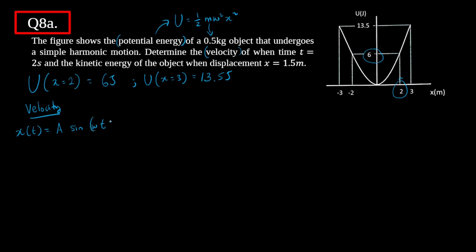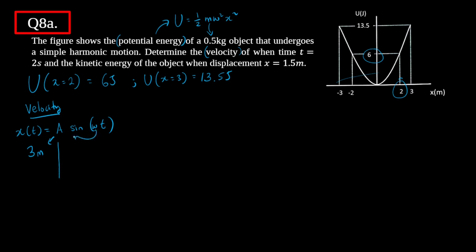Okay, so A is fairly direct to find. You can find it from the diagram or the graph, right? A is going to be 3 meters. And then omega, on the other hand, I can calculate using U, m, and x. All right, so let me just split it up here.